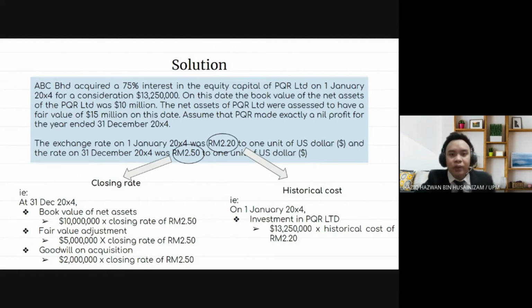Therefore, the book value of net assets, fair value adjustment, and goodwill on acquisition must be calculated using the closing rate, while the share capital and pre-acquisition reserve of the foreign operation must be calculated using the historical rate. You can also refer to the Tang Liao Tong book, page 895, for the full calculation for this question.